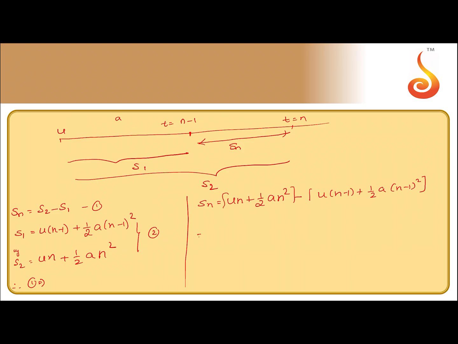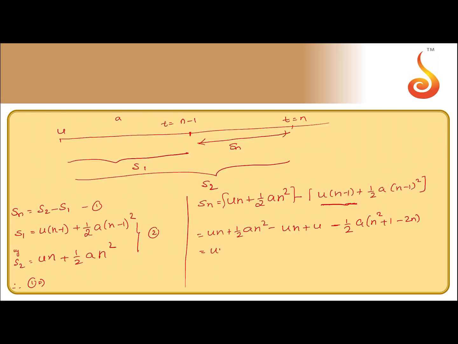Let us simplify it further, un plus half a n square minus, let us simplify this one, un minus u plus u, then minus half a, this is nothing but n square plus 1 minus 2n.